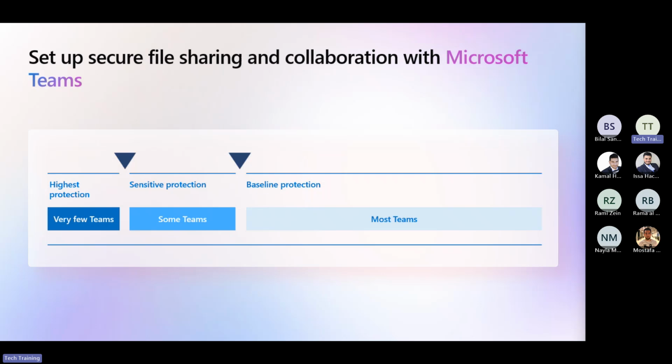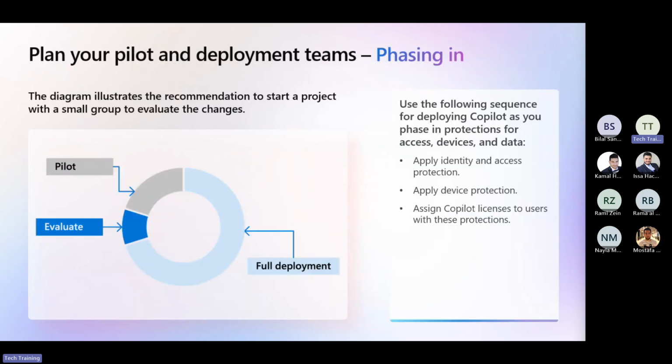In most teams, I will give them access to everything related to their work, but they can't access some teams' information. Imagine, like I said, the financial team and the administrators or the owners team. Nobody can access their information but the members of this team. So these are the different levels of protection that we want to have planned very well before we install the application, which is Microsoft 365 Copilot.